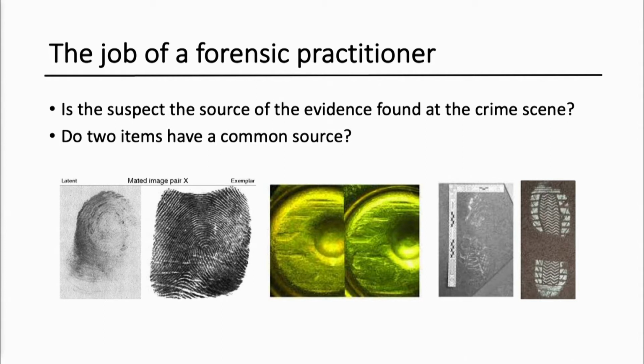The one in the middle in green, those are cartridge cases, and when ammunition is fired, the gun leaves some markings on the base of the cartridge case that firearms examiners use to compare cartridge cases. And the last one is shoe prints. Those are particularly difficult. And you tell me, can you tell in any of these three cases whether the suspect may have been the source of the evidence in the crime scene?